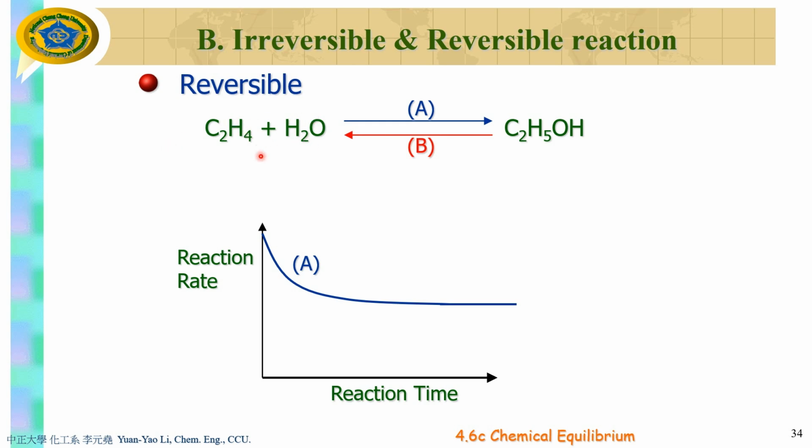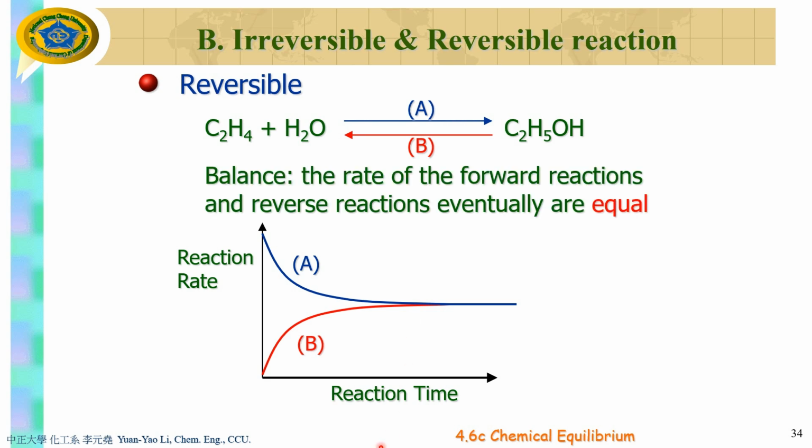In the beginning the reaction rate is very fast and reaches a constant level. Then the reverse direction, from right to left, speeds up, so eventually the rate from left to right becomes equal to the rate from right to left. So this is irreversible, and this is reversible. The balance is that the rate of the forward reaction and the reverse reaction are eventually equal.